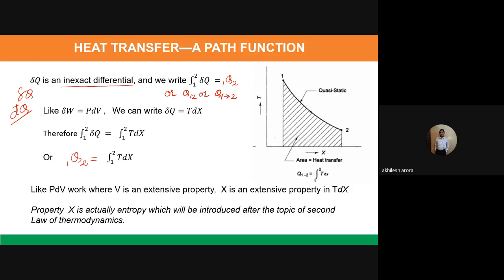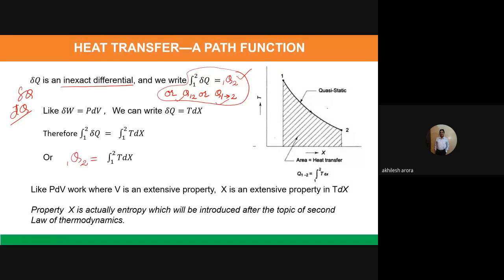And now when we integrate this particular equation, we can write either Q1 to 2, that means heat transfer for the process 1 to 2, or Q from 1 to 2. So these are all ways in which we can write the heat transfer.